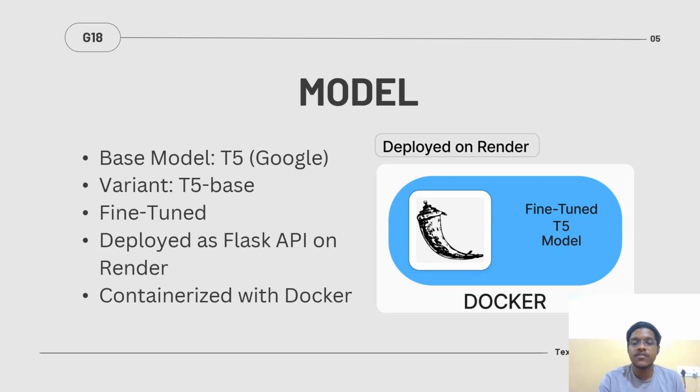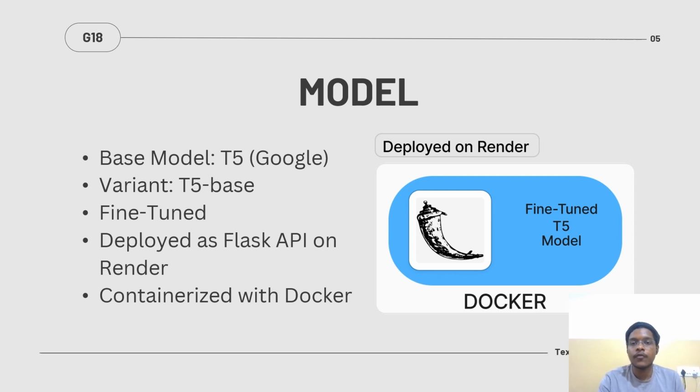For the integration with the application, we have used Docker, Flask API, and a deployment platform, Render. First, we containerized all the required data into Docker using Flask API. And then we deployed that Docker file onto the Render platform.